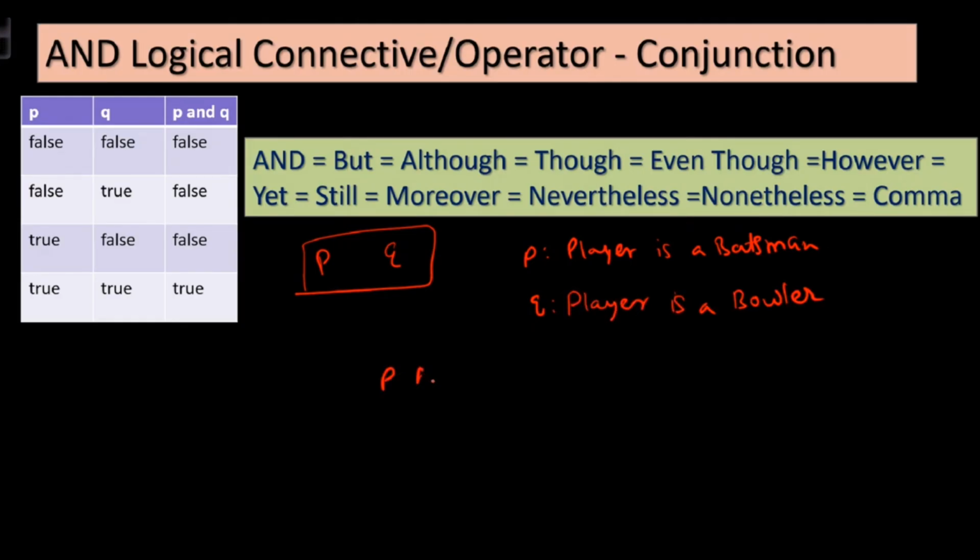I want P and Q, so in this scenario I will put AND here, and it will serve my purpose. I will discuss these English versions later on. Let's look at OR now.